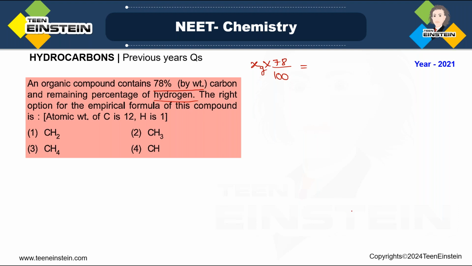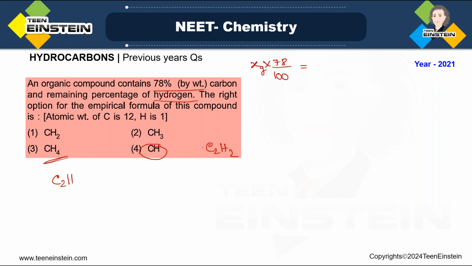Empirical formula means the simplest formula. Suppose I consider CH as the empirical formula, with this empirical formula you can have the molecule C2H2 or C4H4. That means the ratio of C and H will always be 1:1. Similarly, with CH4 the simplest structure possible is obviously methane.